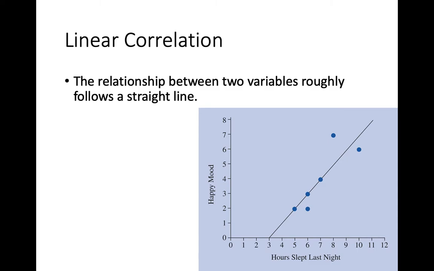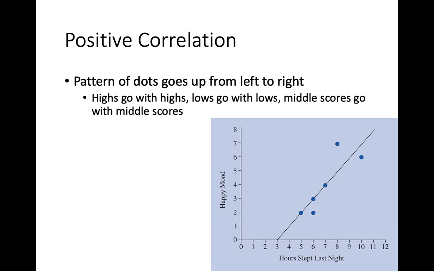So with a linear correlation, the relationship between two variables roughly follows a straight line. And so we could say that based on the pattern that we observed with hours slept last night and happy mood, we would suggest that that is roughly a straight line pattern. This is also an example of a positive correlation.